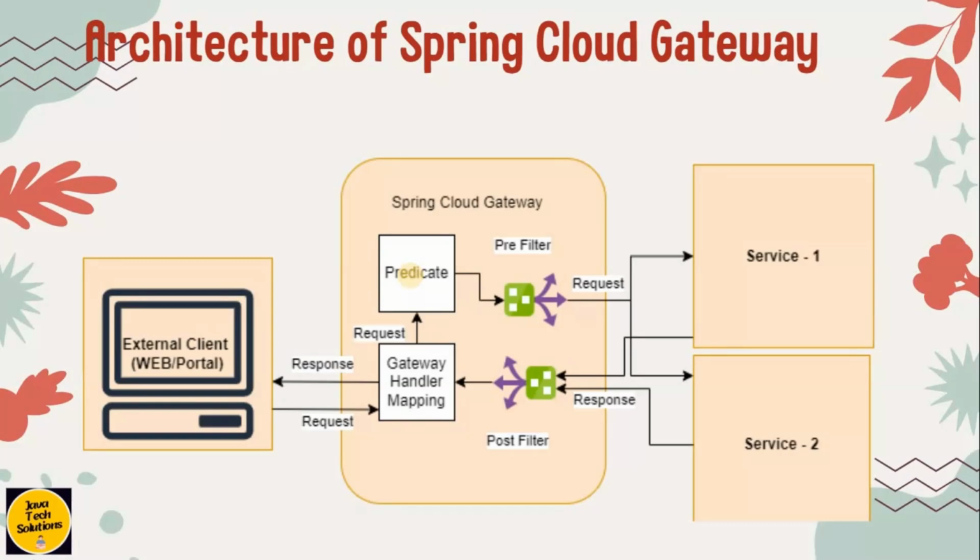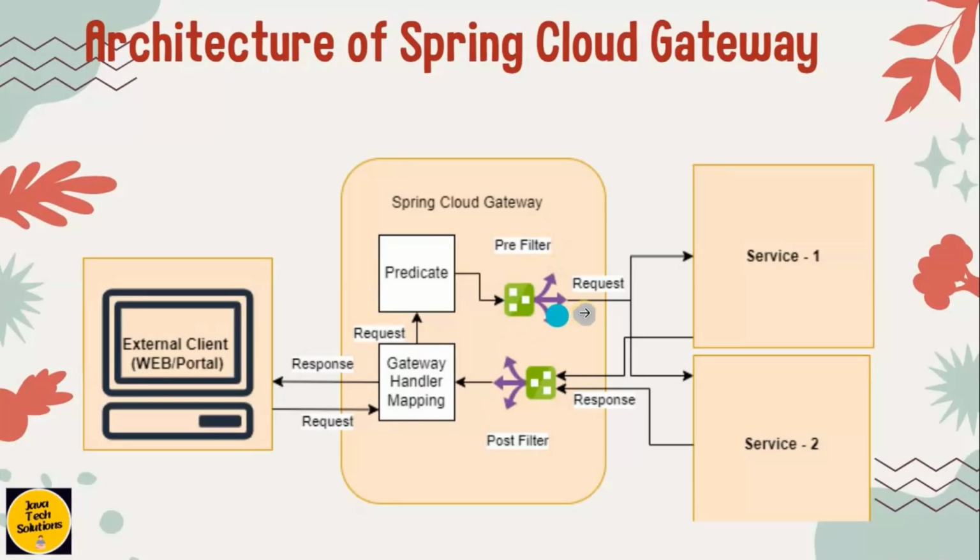Now also the filter. Whenever any request comes in, the gateway handler mapping handles it based on the route and the predicate we provide. If the route matches and the aggregate predicate is true, then it goes through the filter, if we need to apply some kind of filter.